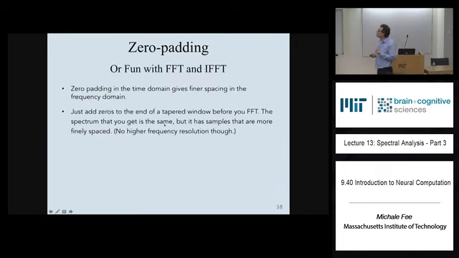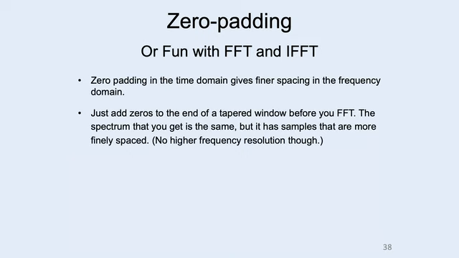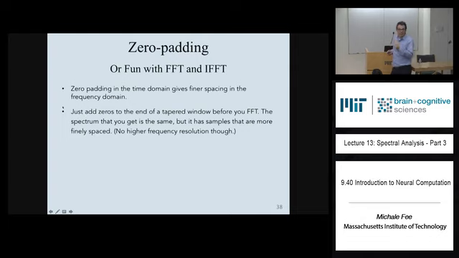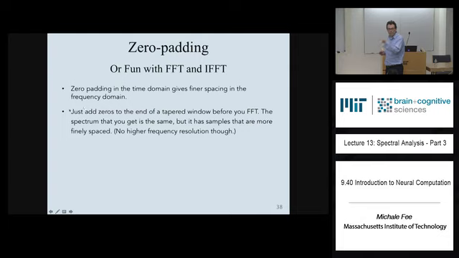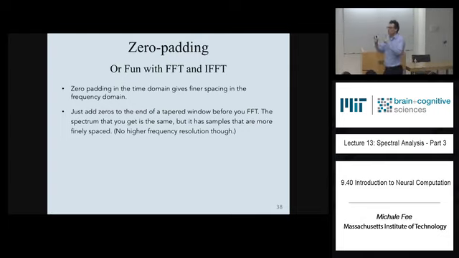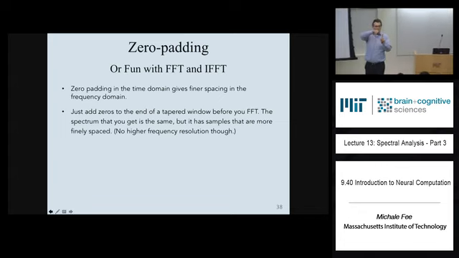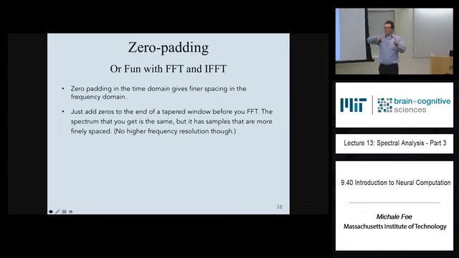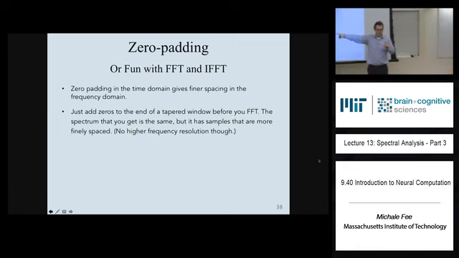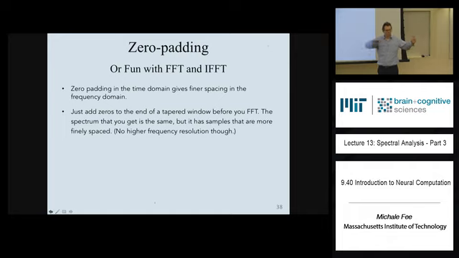Okay? And you can also do the same thing. You can also zero pad in the time domain to give finer spacing in the frequency domain. FFT samples will be closer together in the frequency domain. Okay, so here's how you do that. So you take a little piece of data, you multiply it by your DPSS taper, and then just add a bunch of zeros. And then take the Fourier transform of that longer piece with all those zeros added to it.